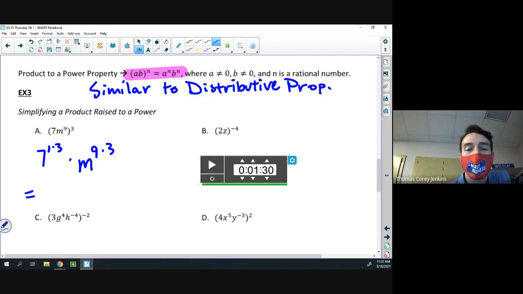Then we start to simplify. We get 7 cubed, m to the 27th, which is correct. That's a correct answer, but MathXL I don't think would accept that because we can actually simplify 7 to the 3rd power. So you guys with your calculators who are caught up with me, could somebody type that in for us? What is 7 to the 3rd power?